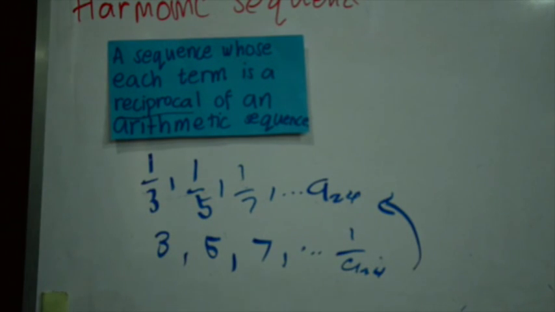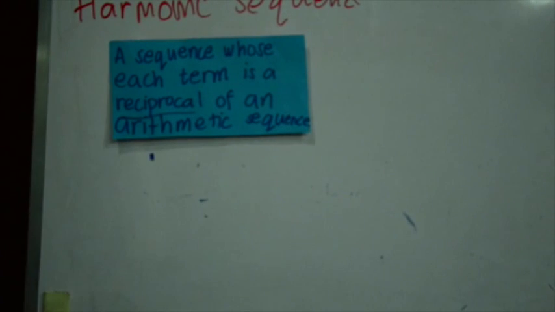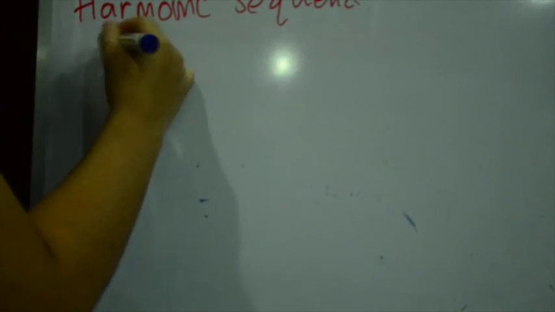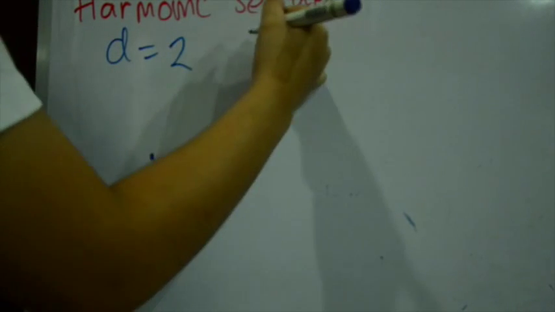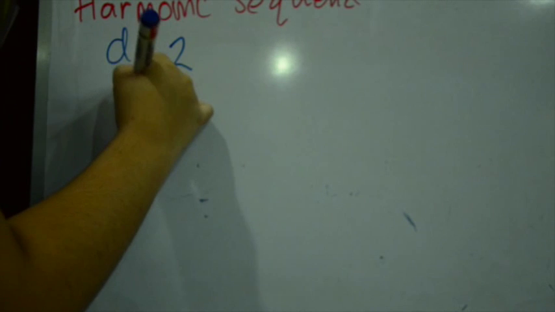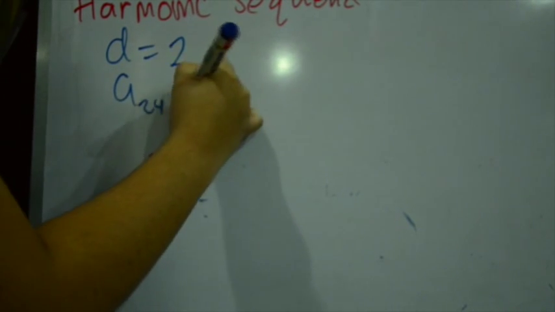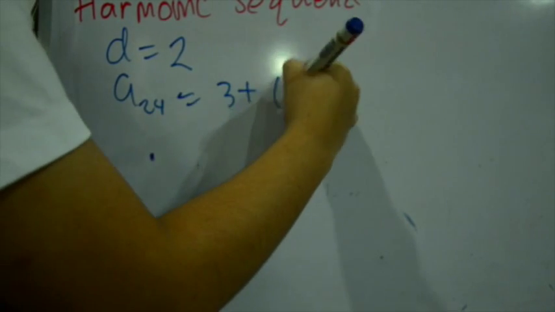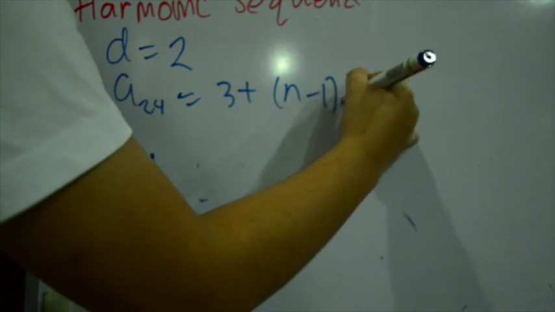Now, our common difference is equal to 2, and then our a sub 24 can be equal to 3 plus n minus 1 times d.